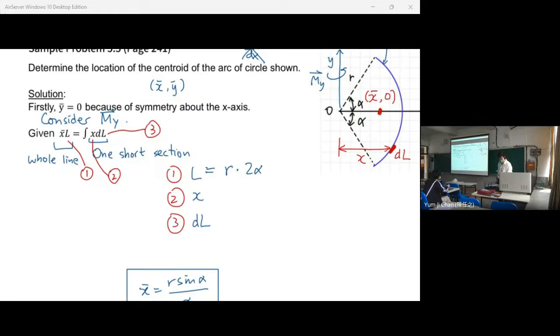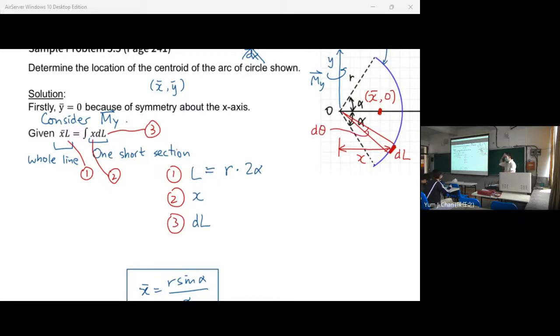What we do is we draw a line here, and this one is the theta.